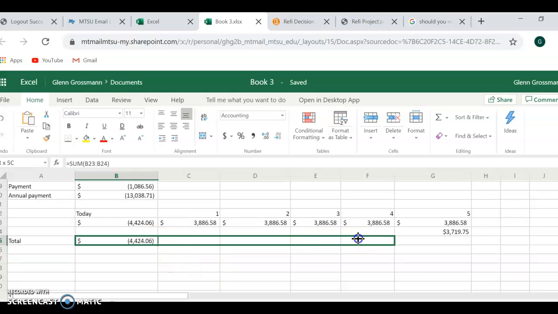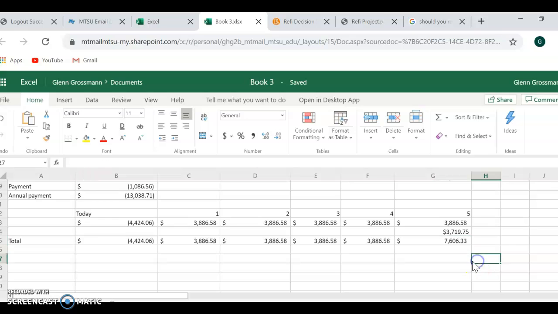We'll drag that across over there, and as you can see, we do have a reflection of the difference right here for our 5th year.